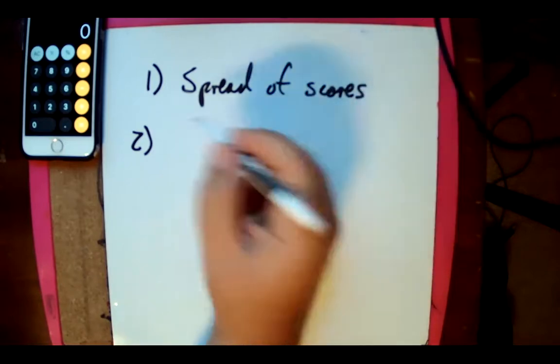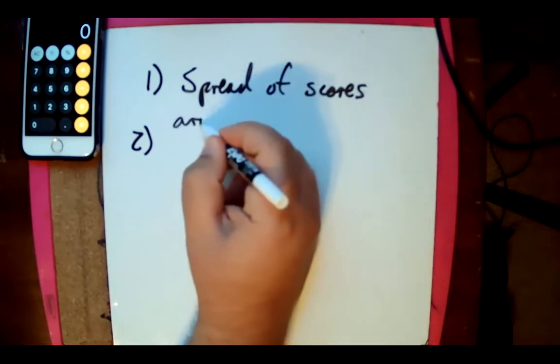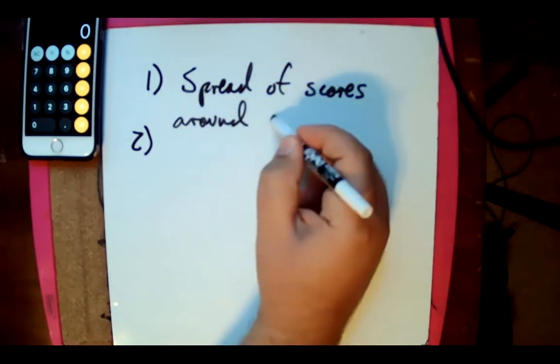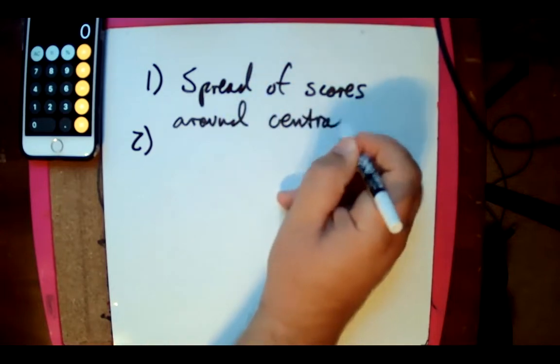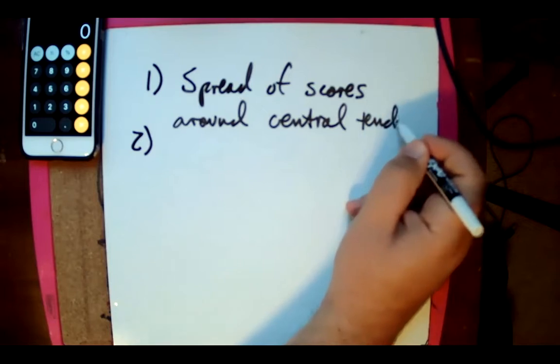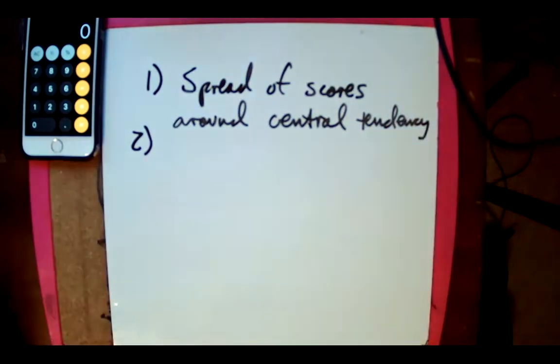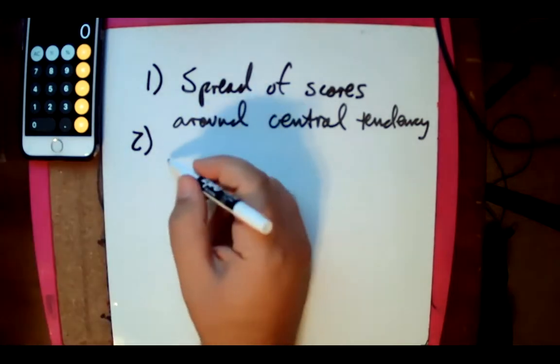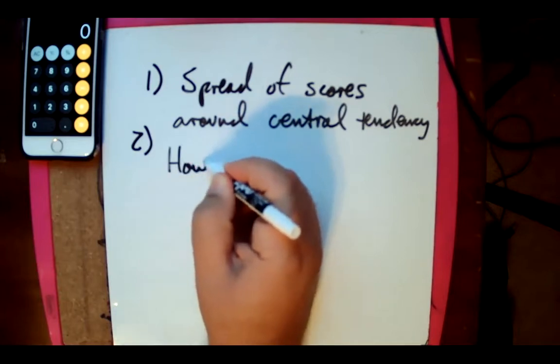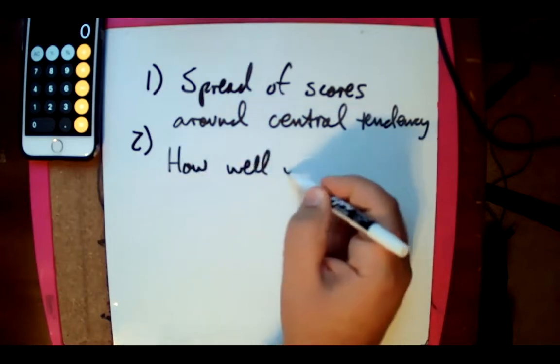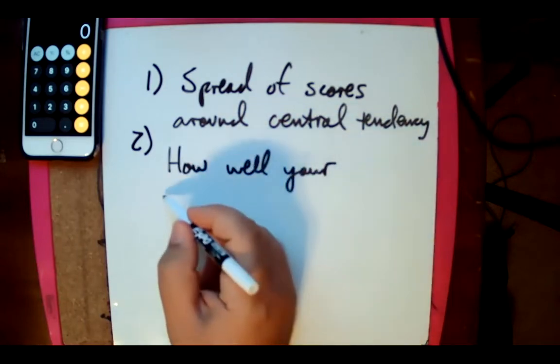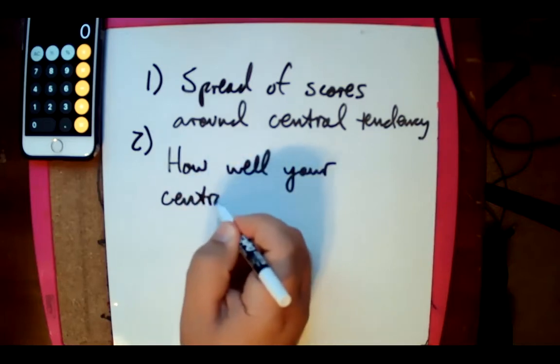And it's not just any spread of scores, but the spread of scores around your central tendency. So that in itself on its face is valuable, right? To know how spread out the scores are. But then the second reason is to know how well your measure of central tendency represents all of the data.